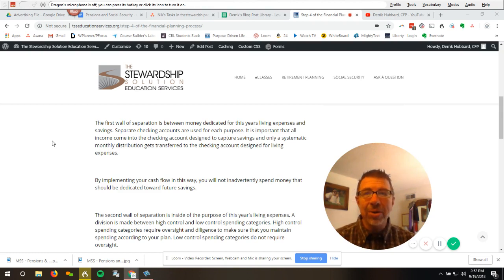So if you're retired, all of your Social Security income, any pension income, any income that's coming in from dividends or part-time work, every source of income goes into the account that's the savings account. Only the amount that needs to come out each month for dedicated living expenses ever leaves the savings account, so that you capture all of the intended savings.